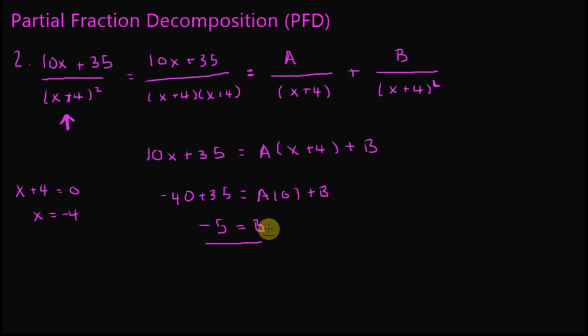Now let's go ahead and try and choose an x such that we can solve for a. Notice here, because b has no x and we know what b is, we can go ahead and write that into our equation. So why don't we replace b with negative 5.